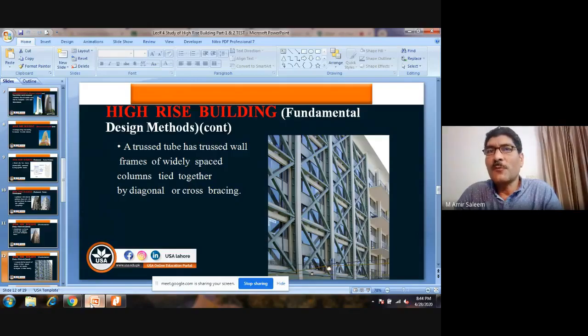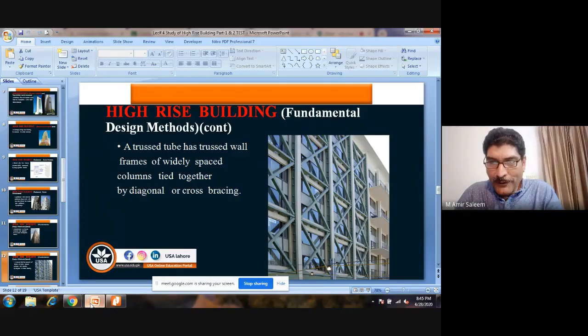So basically, when we are going to design a truss system, that means we require widespread columns or a long spanning building system.